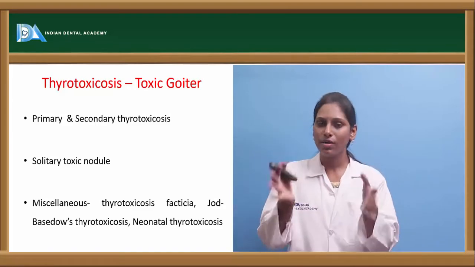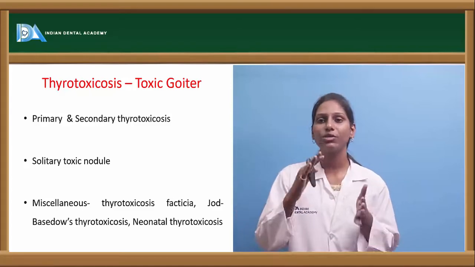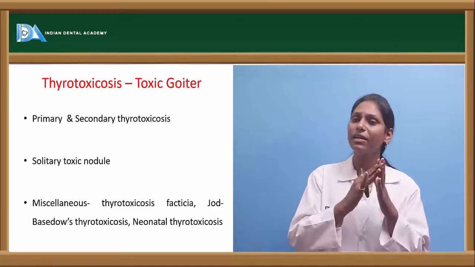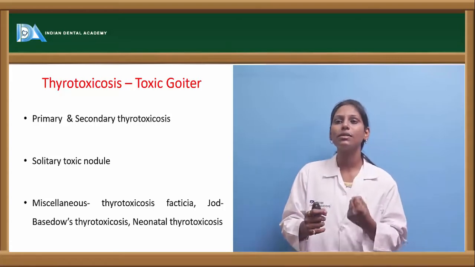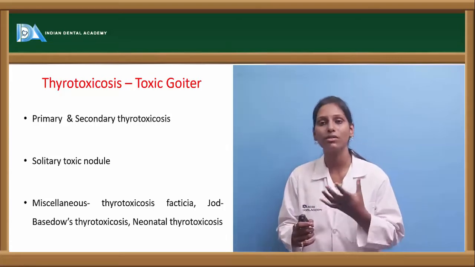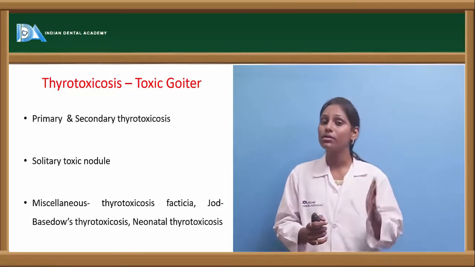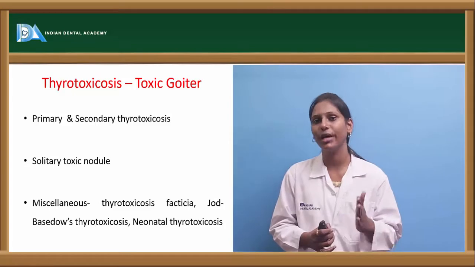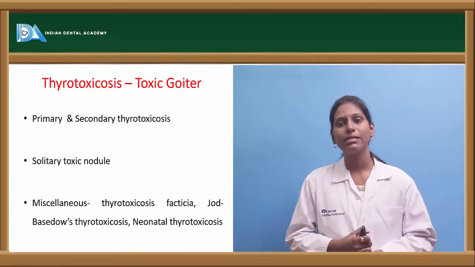That is, a toxic level of thyroid hormones is achieved. It is again grossly divided into primary and secondary. Usually thyrotoxicosis is caused by a solitary toxic nodule, sometimes also associated with multinodular goiters. And we have other miscellaneous causes for this thyrotoxicosis.